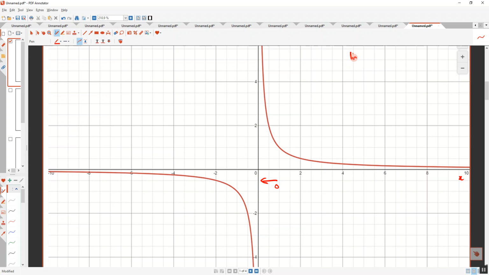That was the first one that we said, the limit as x tends towards 0 in the positive direction of f of x equals positive infinity. We also said that as x tends towards 0 in the negative direction, so that means coming in this way, the limit of f of x goes towards negative infinity.